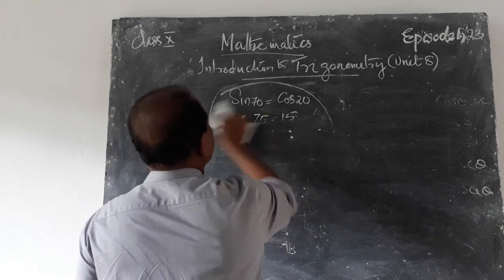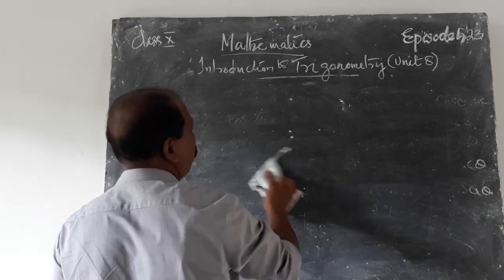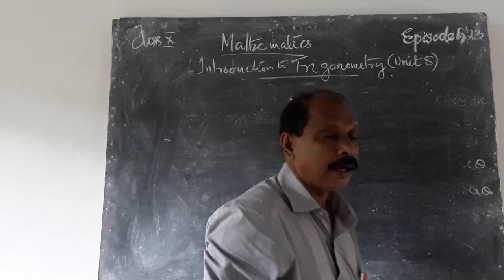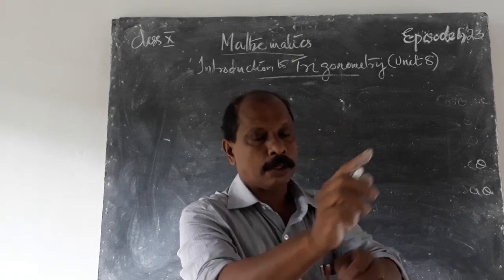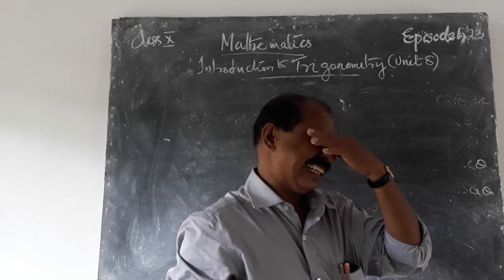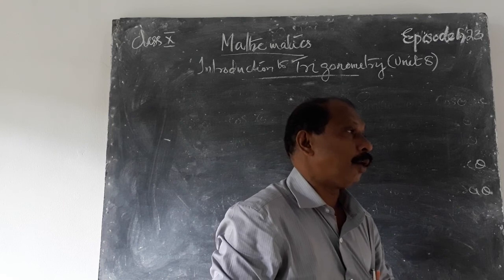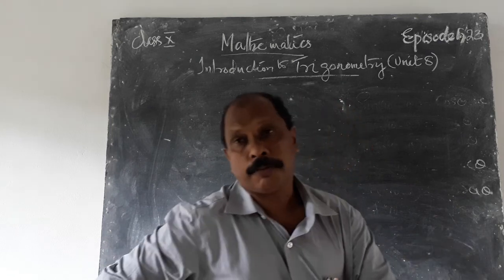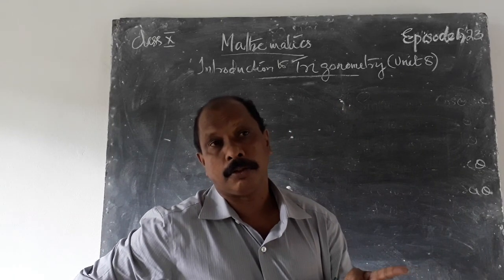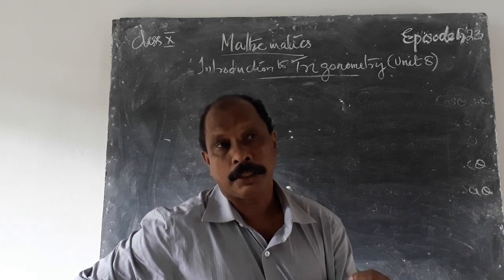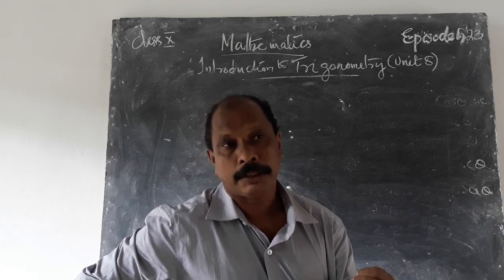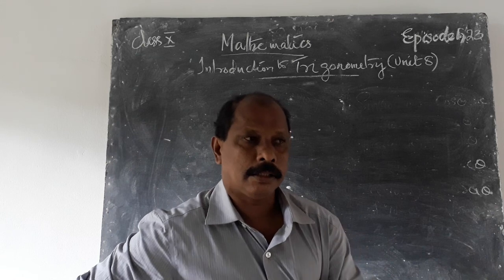Then there are several trigonometric values for particular angles. That means we can find the trigonometric functions for the angles 0, 30 degrees, 45 degrees, 60 degrees, and 90 degrees.